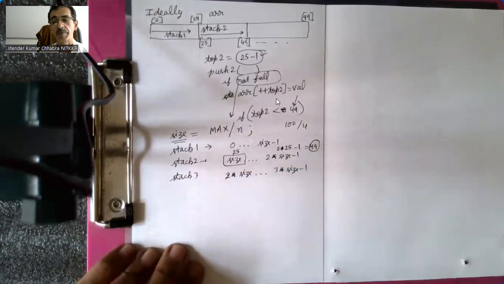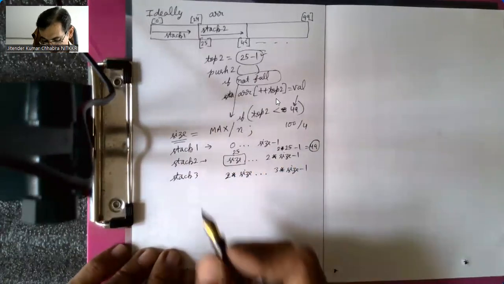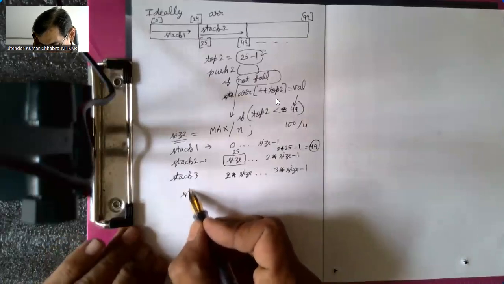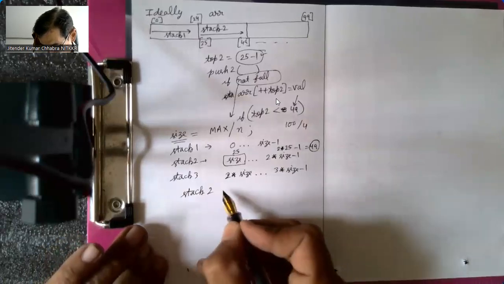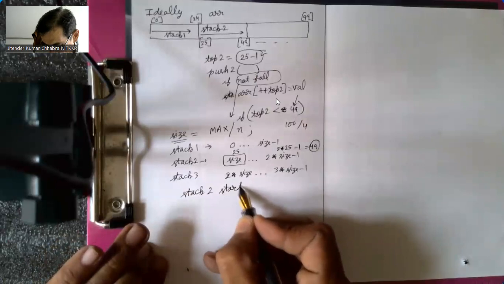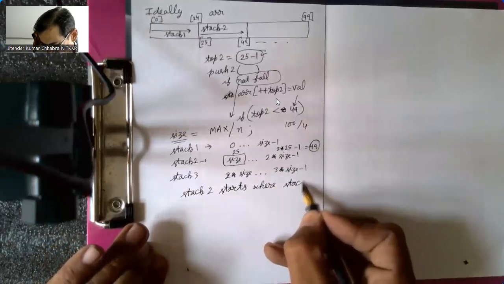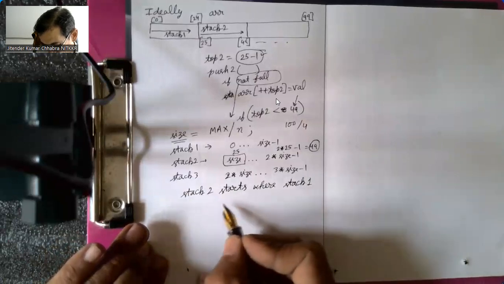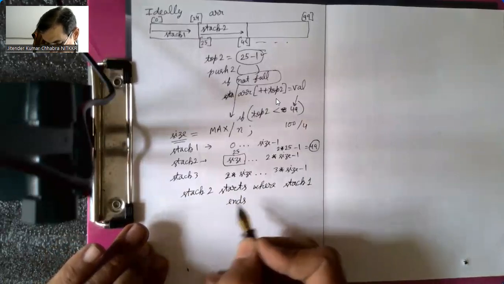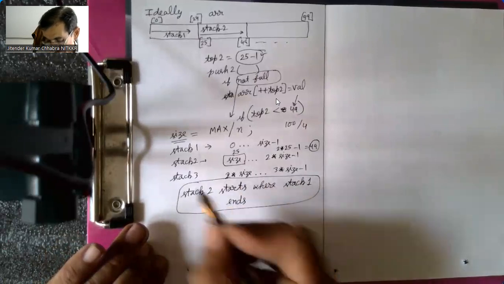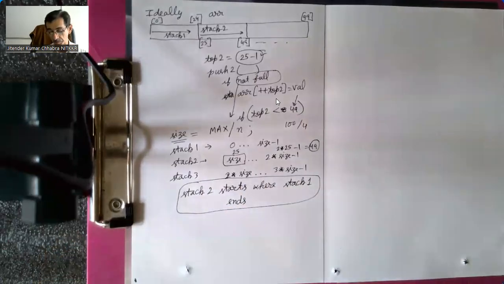So this is how my boundaries are defined. Effectively, stack 2 starts where stack 1 ends, and the same statement is true for all others also.